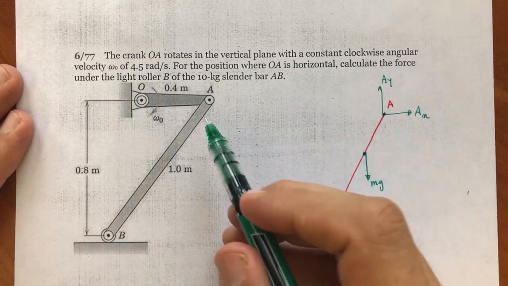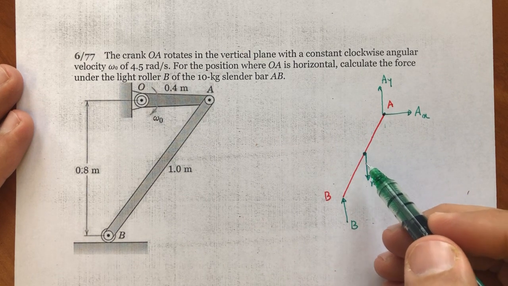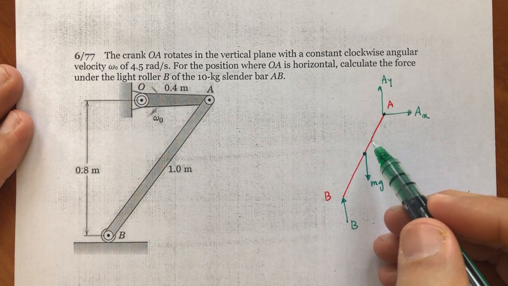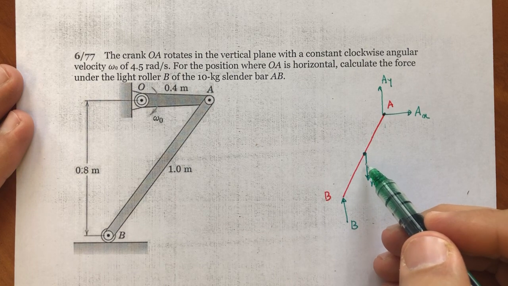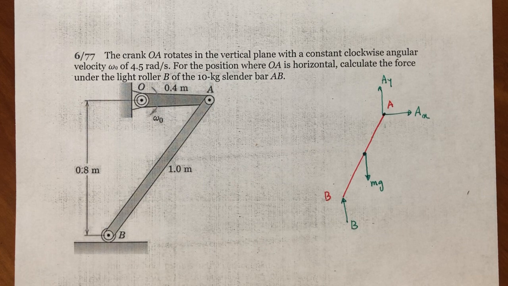I also need to find alpha, the angular acceleration of this rod, and add a moment with the magnitude of I about the center times negative alpha. Then the problem is going to be a static problem. You can say the sum of the forces in any direction is equal to 0, and the sum of the moments about any point is equal to 0.